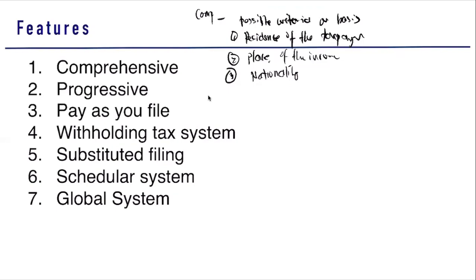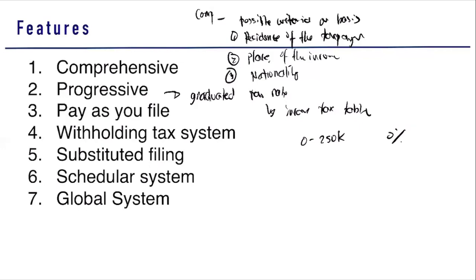Next, we have your progressive. Another feature of income tax is progressive. So why do we say that your income tax is progressive? Because again, we use a graduated tax rate. So our income tax table follows a graduated tax rate. As you can see, if you try to research, our income tax table looks like this. So 0 to 250,000, 0%. And then we have 250,000 to 400,000, we have 20%.